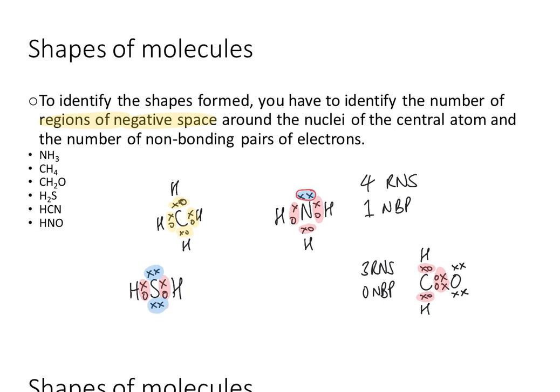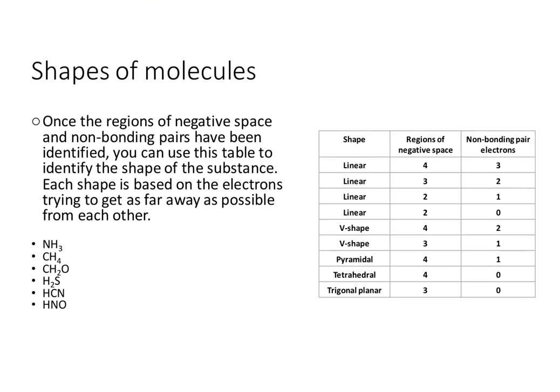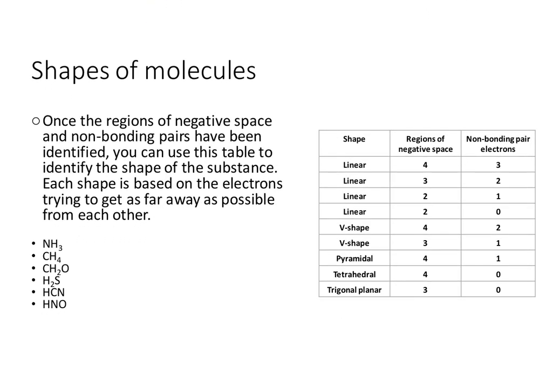Once we've identified the regions of negative space and non-bonding pairs, we can look at the shapes of molecules. If you use this table here, you'll be able to work out what shapes things are. I might go into class and show the shapes of these when we get to a particular lesson.